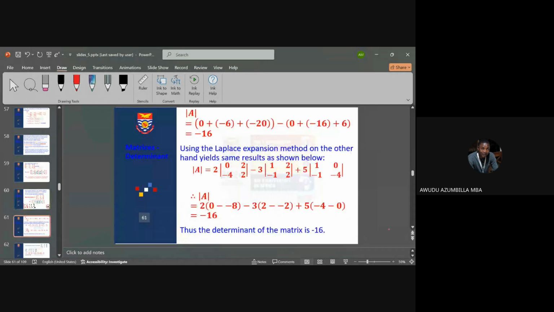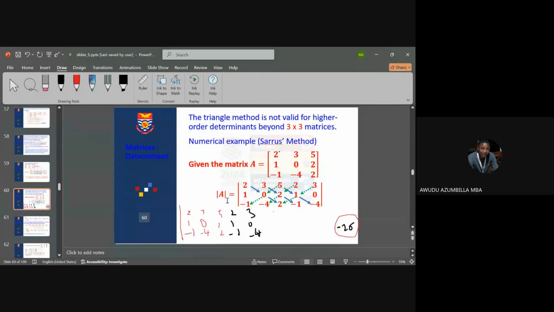Let me check. Yes. Is it minus 26 or minus 16? Okay, let's see. Now, the second one is that you are going to take the off diagonals. So you are going to this one and this.